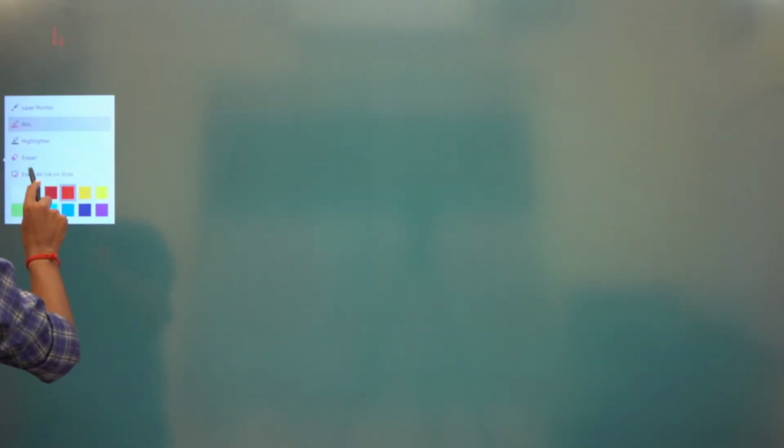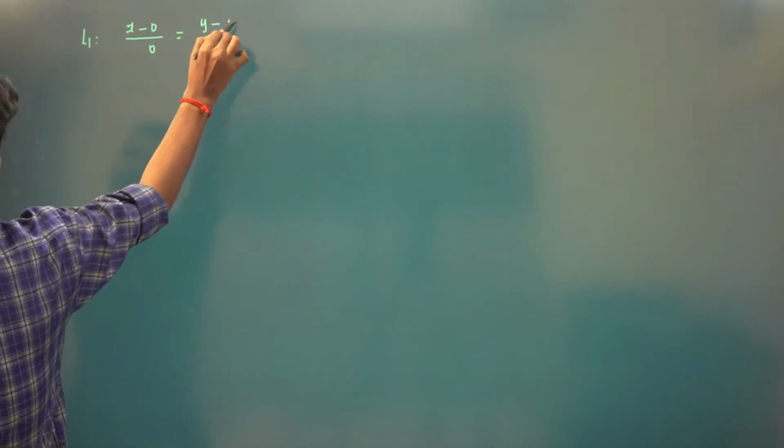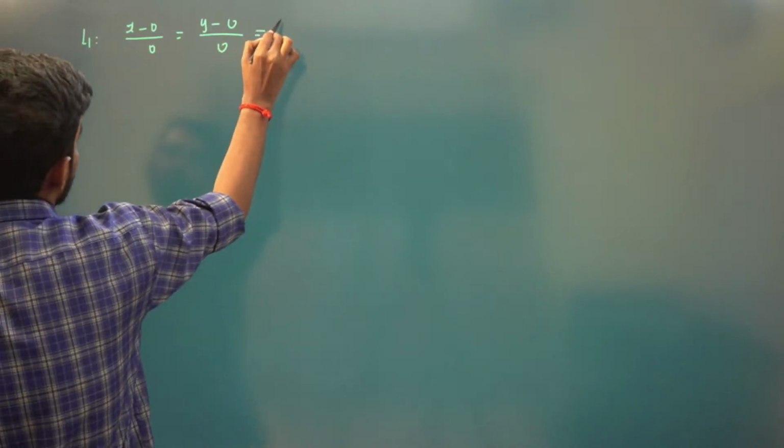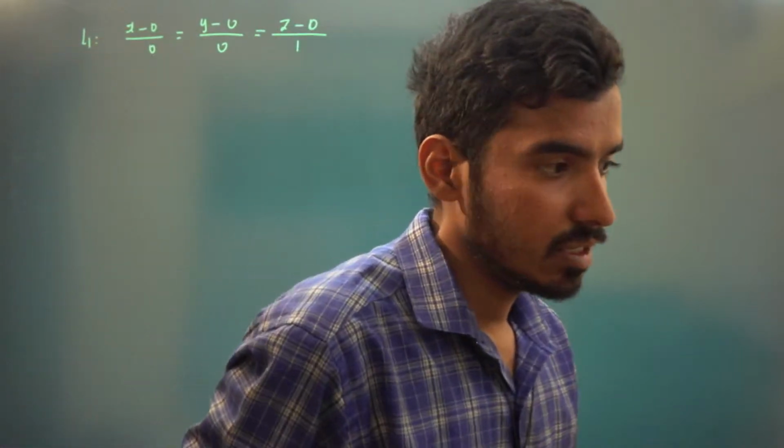So we know L1 and L2. L1 is the z axis, so it is x minus 0 by 0, y minus 0 by 0, z minus 0 by 1. Remember, dividing by 0 doesn't mean that it is infinity. Here 0 denotes the direction ratios.